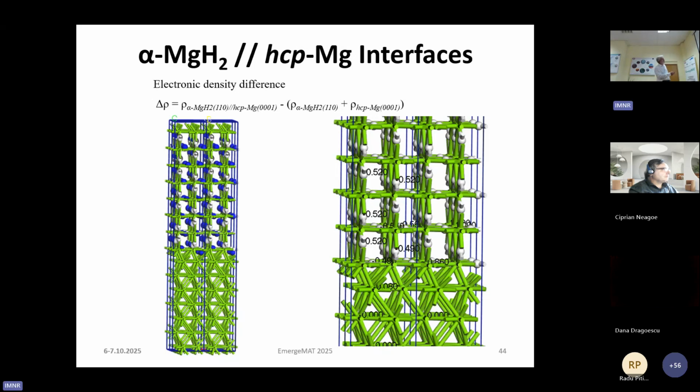Actually, we can calculate also the diffusion to characterize the diffusion of the magnesium and the hydrogen atoms at the interface or in the bulk. And we'll see that here it's much easier to break the bonds formed by magnesium and the hydrogen.